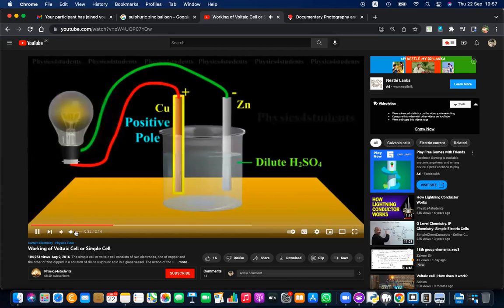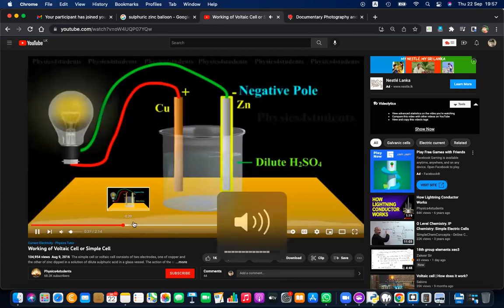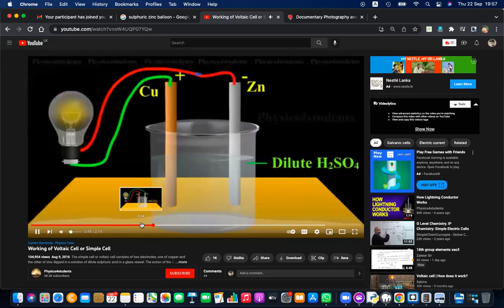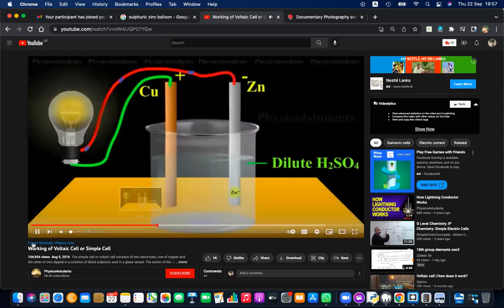The copper electrode is the positive pole or copper rod of the cell and zinc is the negative pole or zinc rod of the cell. The electrolyte is dilute sulfuric acid. The action of the cell is explained in terms of motion of the charged ions.